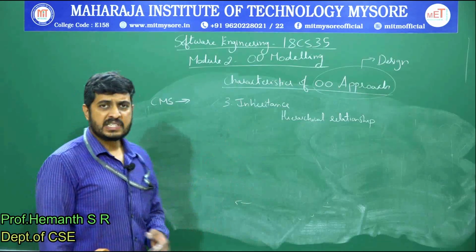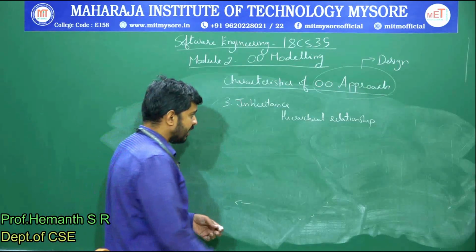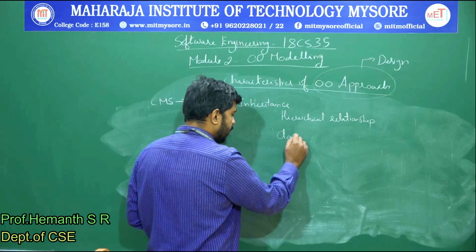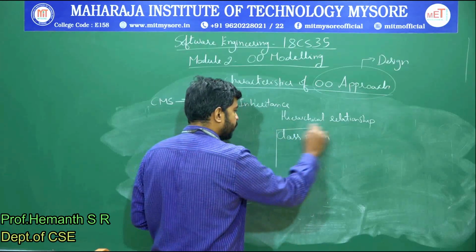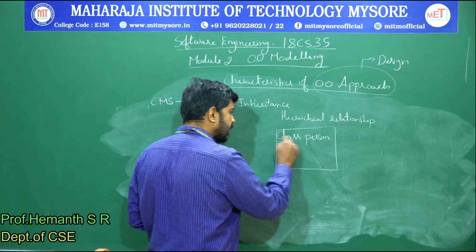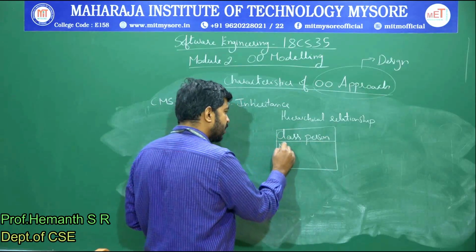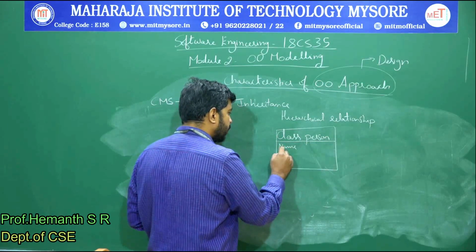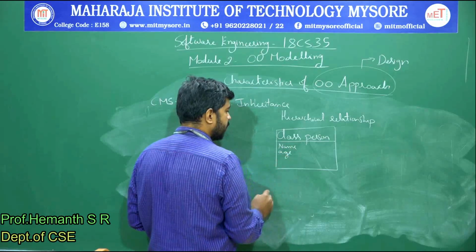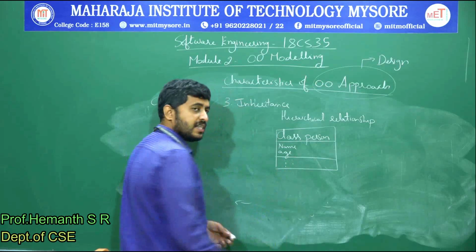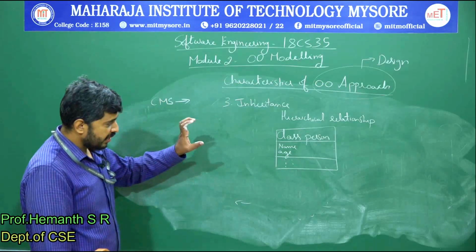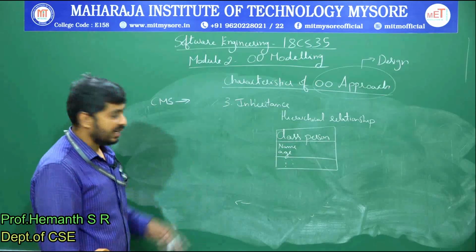I'll continue with my previous example where I had created a class by the name Person. This class Person had a few attributes like maybe name, age. Also a few operations were there, but we will not bother about the operations as of now. This is my major class, main class.